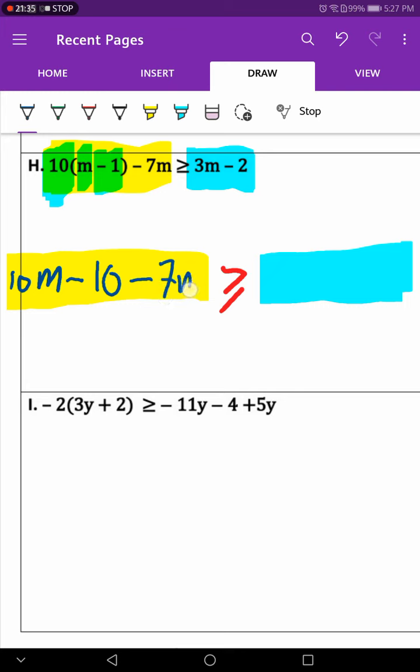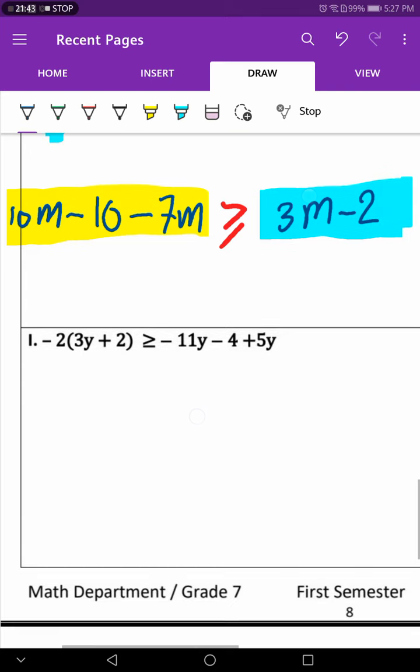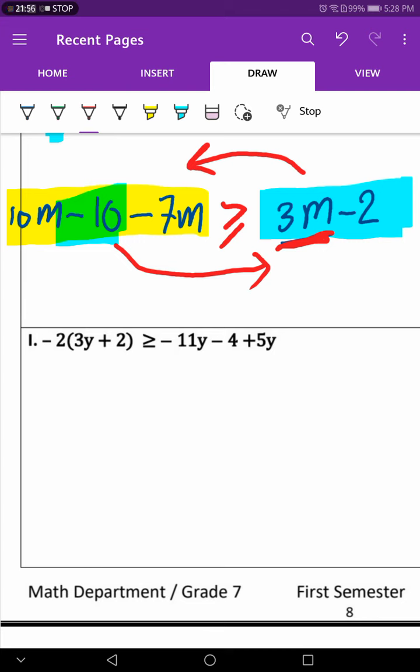Then -7m, and here 3m, -2. So I will throw all the variables to the left side and all the numbers to the right side, as usual, the same steps you did.